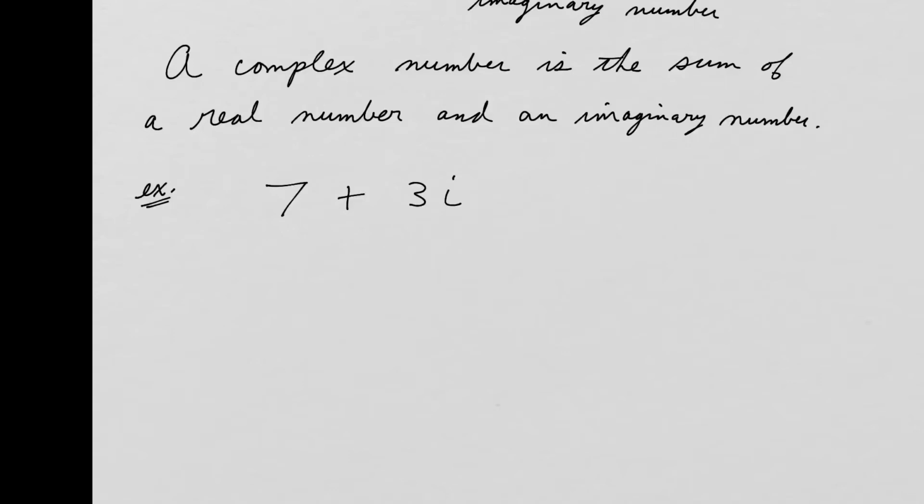So the 7 is the real number, and the entire 3i, you've got to be a little careful here, is the imaginary number.